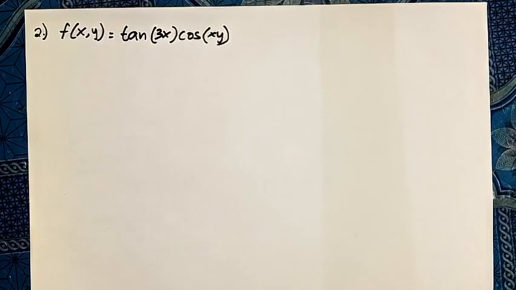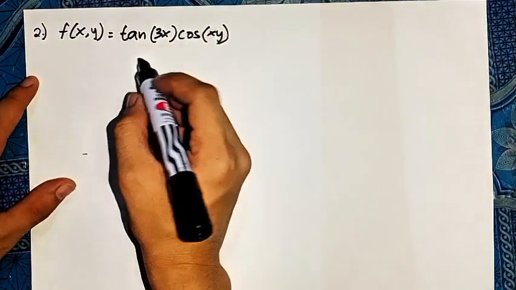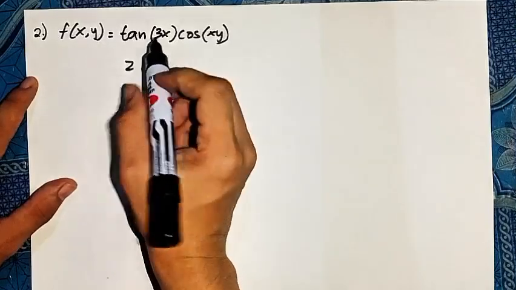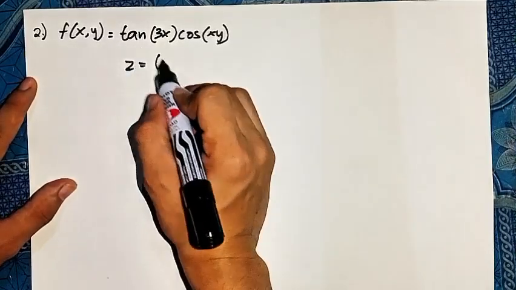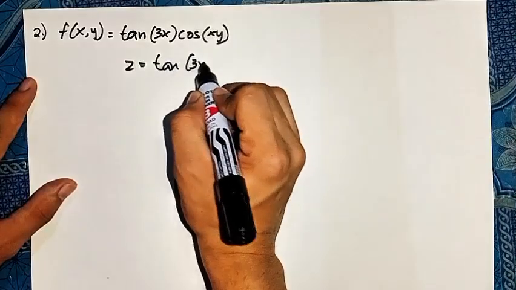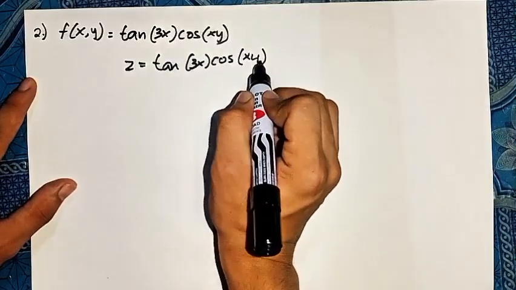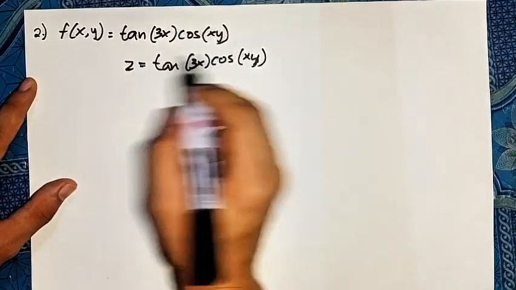Now, let's find first the first order partial derivative. But before that, we will let f of x and y be z. So, z is equal to tan 3x cosine xy.